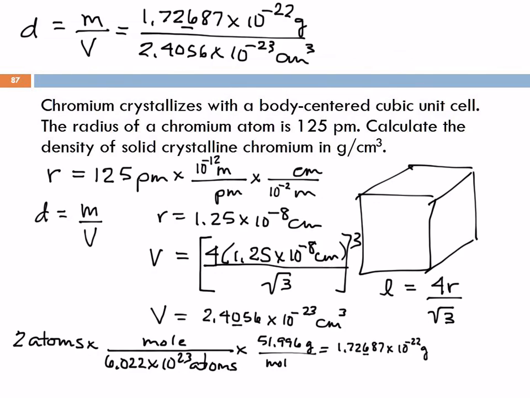I'm getting a density of, with 3 sig figs, 5.31 grams per cubic centimeter. Anybody else get that?